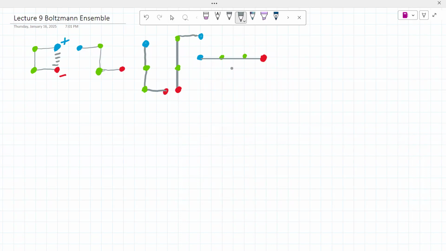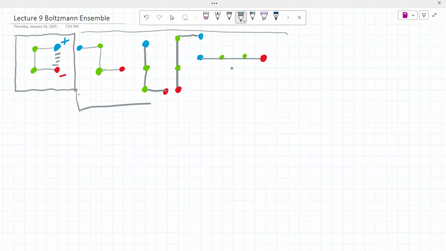And when they're not folded nicely, well, we're going to look at the distribution of that. Okay, so we have a folded state here, and then we have all these unfolded states over here. It seems like sometimes this thing picks up and makes a nice straight line for me, and other times it doesn't help me at all.